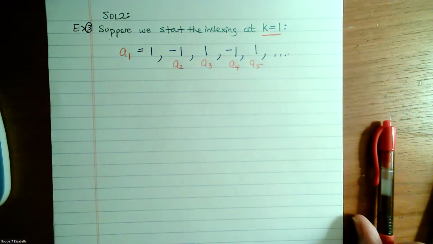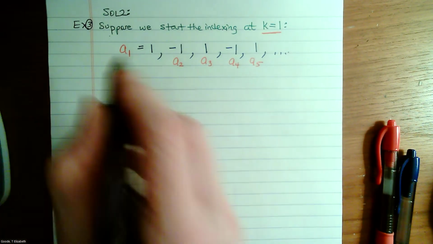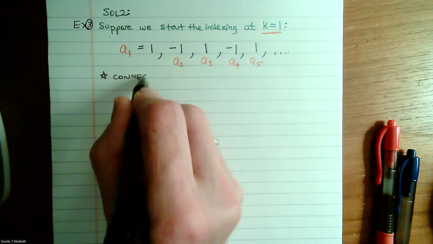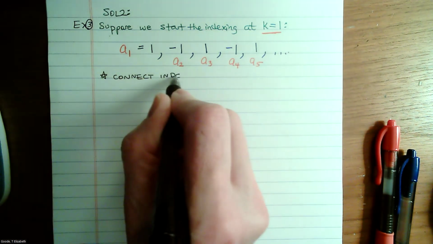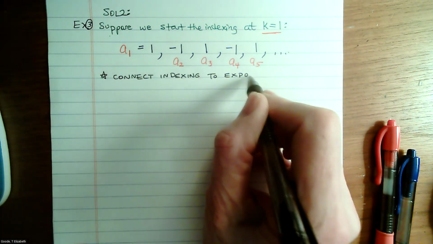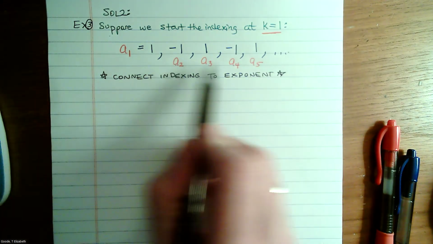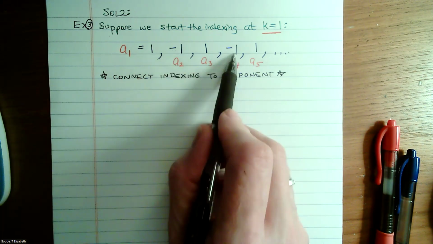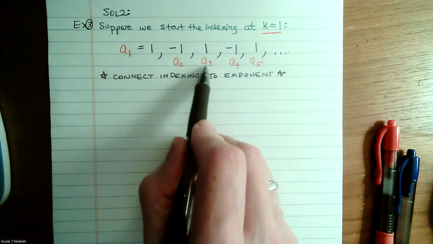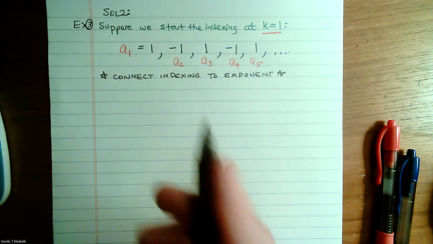Okay. So if we decide to do that, we still have the same job where we have to connect the indexing to the exponent. But now the even indexed terms are the negative terms, whereas the odd indexed terms, like 1, 3, 5, are the positive terms.